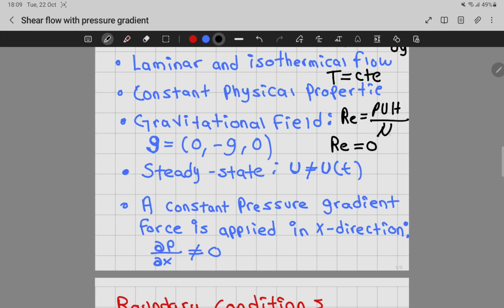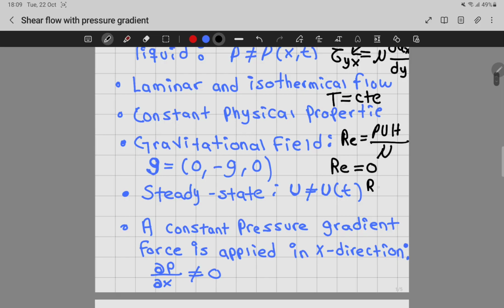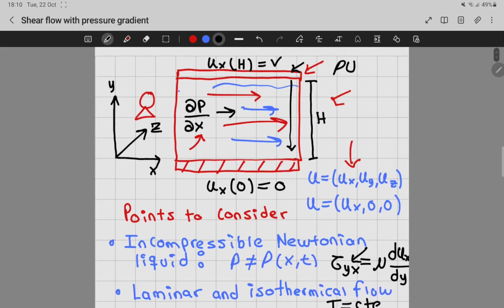So that means we either have large values of viscosity, or we have small channels, low velocity values, or low density values. In the opposite case, a large Reynolds number, for instance when this is much larger than 1, we will have a very chaotic, unpredictable flow.